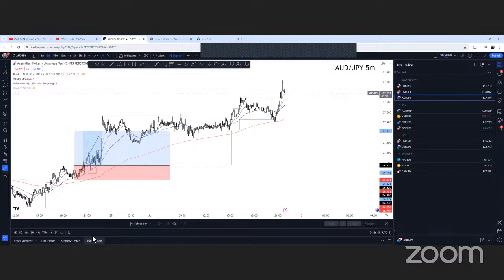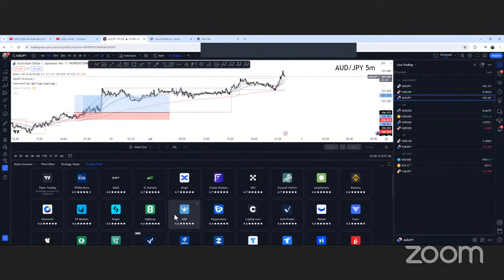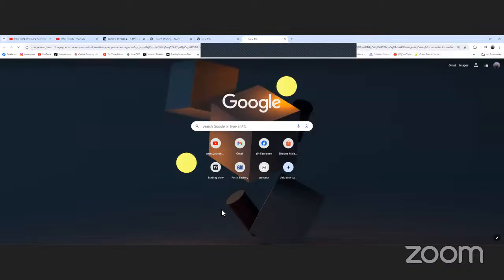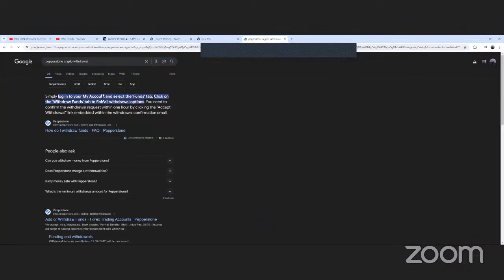I will check whether it supports withdrawal transfers to a local bank here, because every country is different. That's something you should definitely look into. Wait, let me check it out.